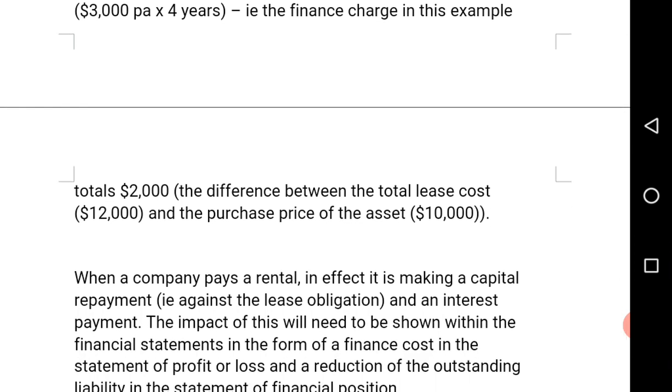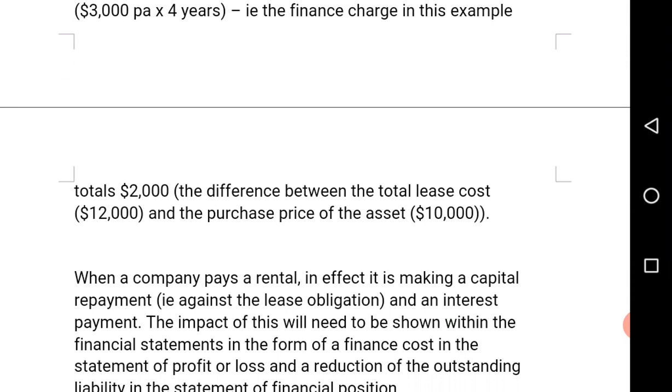When a company pays a rental, in effect, it is making a capital repayment, which we got previously in our example 1 and example 2. We have the capital repayment and an interest payment, which is the gain to the lessor. Also, in each payment, we have the capital payment and the interest payment.